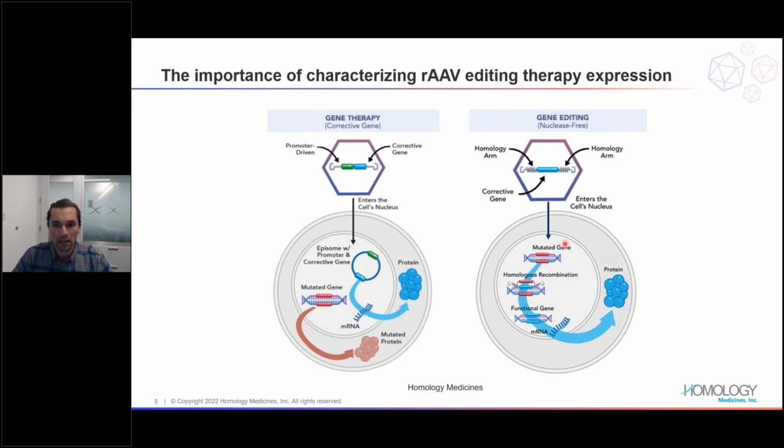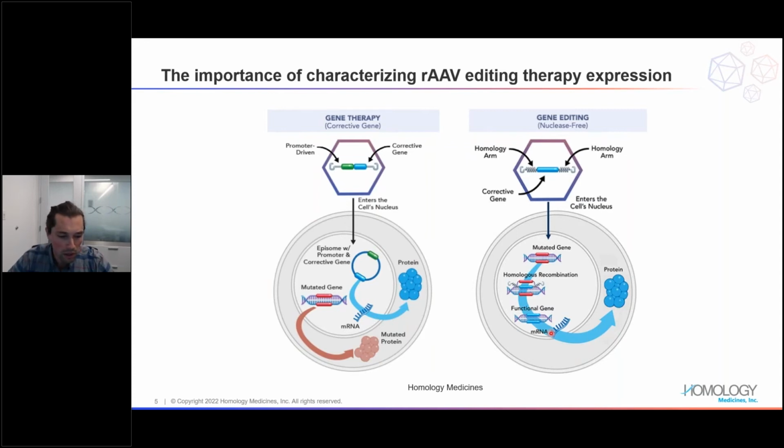Sometimes a gene editing therapy would better serve the disease in question. In this scenario, the capsid would enter the nucleus and uncoat, and then that therapeutic payload would recombine at the locus where the mutation is, thereby fixing the mutated gene, which creates functional mRNA and functional protein, and delivers a healthy cell.